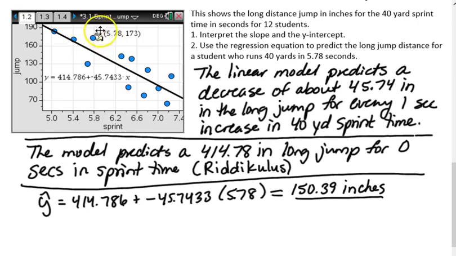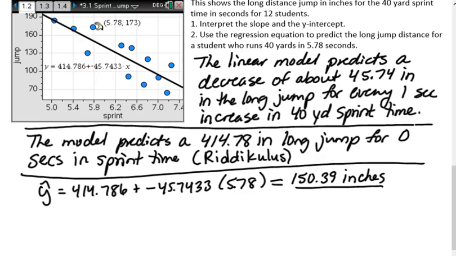So we see here that point is right here, and we're going to refer back to that in a little while. Y-hat equals, and we put the value in, and we get a predicted long jump distance of 150.39 inches, which is clearly less than the actual distance here. And so we'll talk about that more later in the notes.